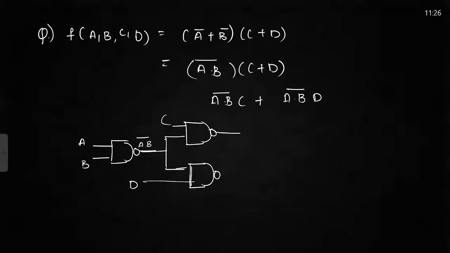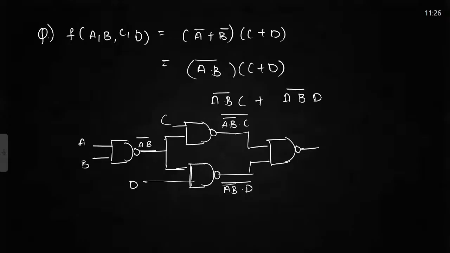So this will be all bar. This will be A B bar D all. I will simply add another AND gate.